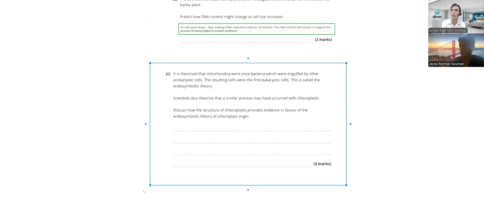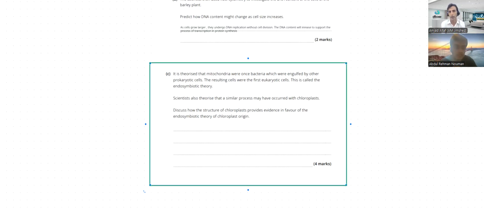So we need to find something in the chloroplast, the structure or the important content, which proves that it was first a prokaryote, as explained by the endosymbiotic theory.